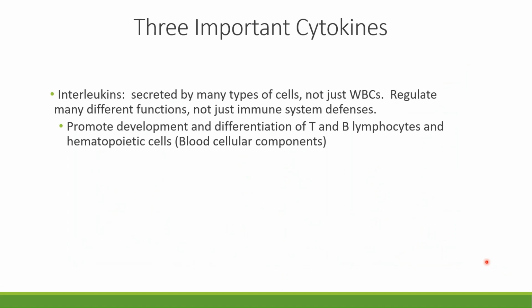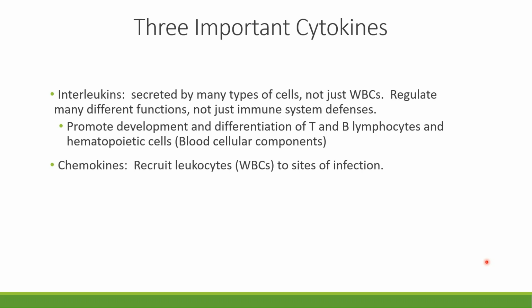They promote the development and differentiation of T cells and B cells, or T and B lymphocytes, and hematopoietic cells. These are blood cell components. The chemokines recruit white blood cells, the leukocytes, to infection sites, and they help direct immune cells where they are needed.